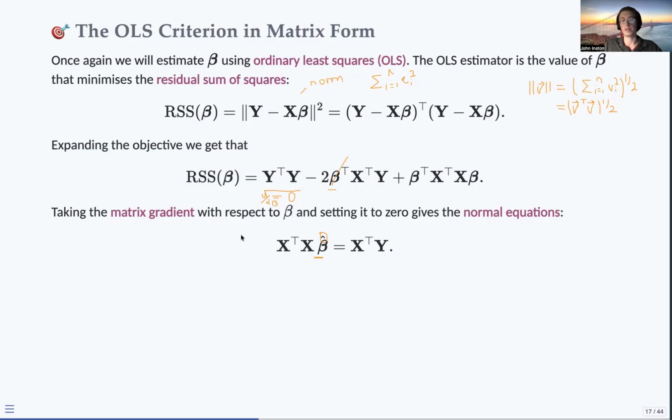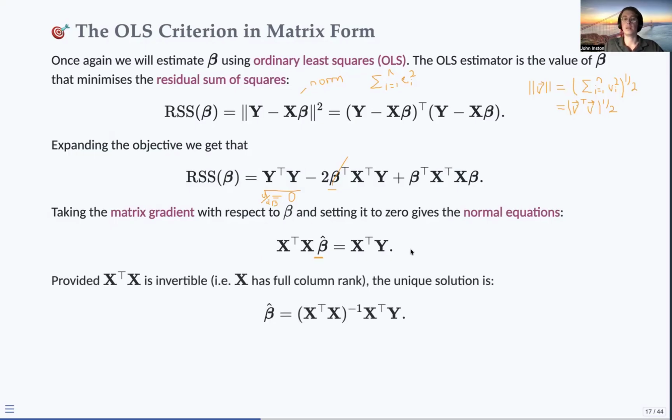I may remove that circle I just did, just so it's not unclear when people are looking at the notes, but that is essentially the step that we've done. We've differentiated this entire function with respect to beta, we set that entire expression to 0, and we rearranged to obtain the normal equations.